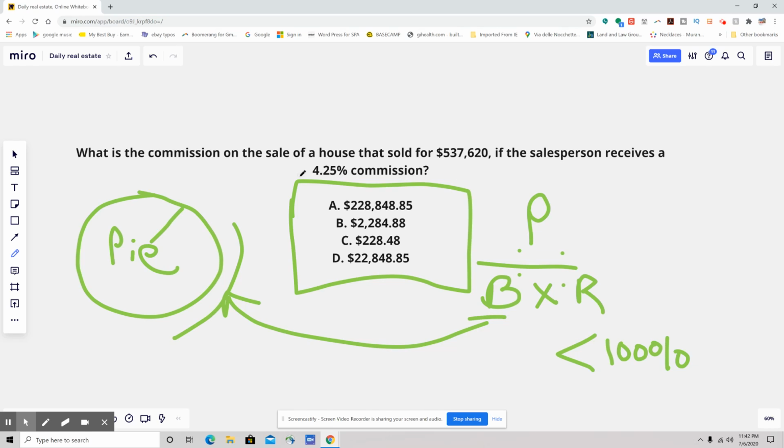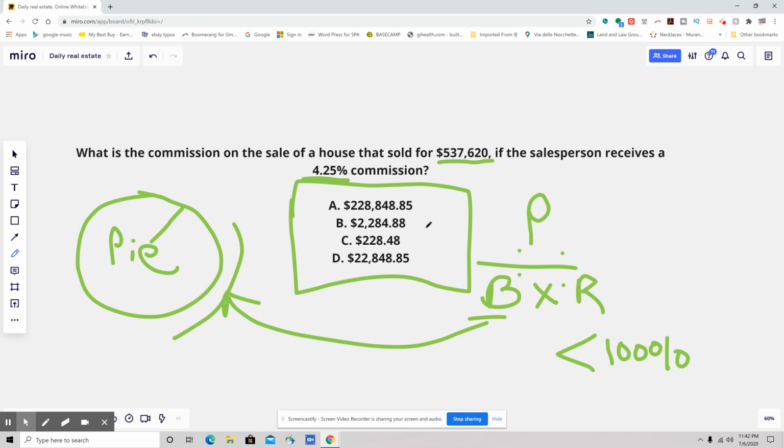We would agree that the rate is less than 100%. We're taking the rate at 4.25%. Now, if we looked at the base right here, because that's what that is, that's the base. So we know that the part is going to be smaller than the base.